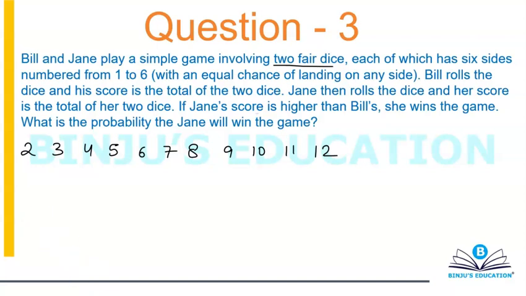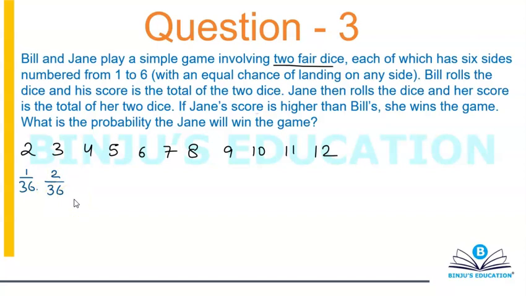So it will be 1 by 6 into 1 by 6, that is 1 by 36. So the probability that we'll get sum as 2 is 1 by 36. What about 3? I can have 3 from 1 and 2, and 2 and 1. So two possibilities, so the probability will become 2 by 36.